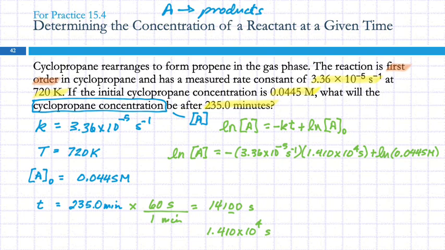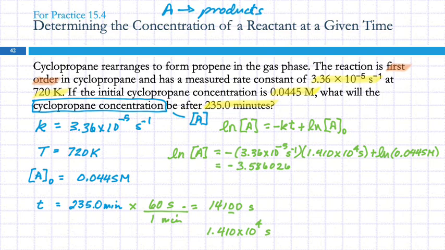And then I pressed equals, and then I'm adding the natural log of 0.0445. Did you get your calculator to tell you negative 3.586026? Okay, good. If we're going to write that down, we want to write down some extra digits.